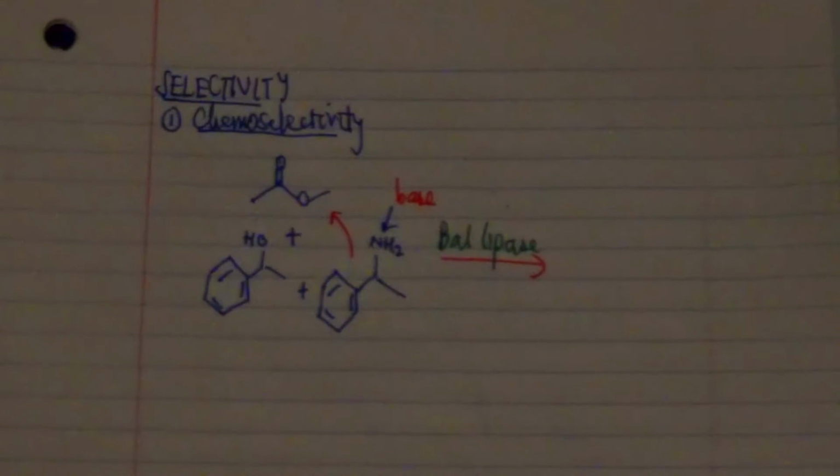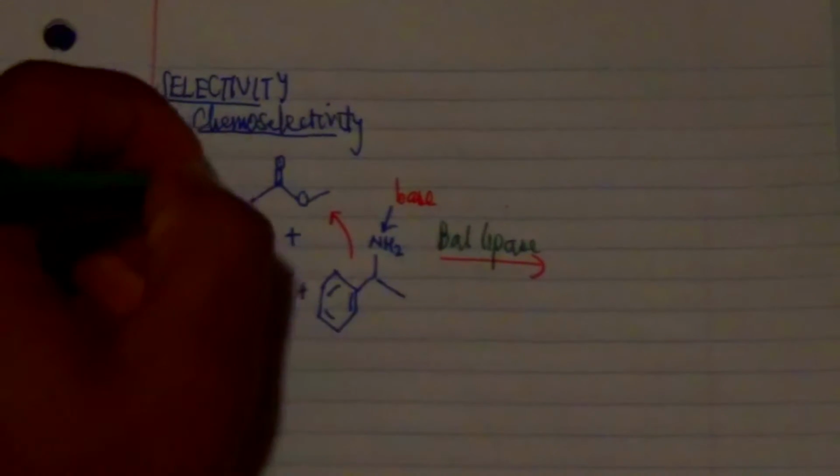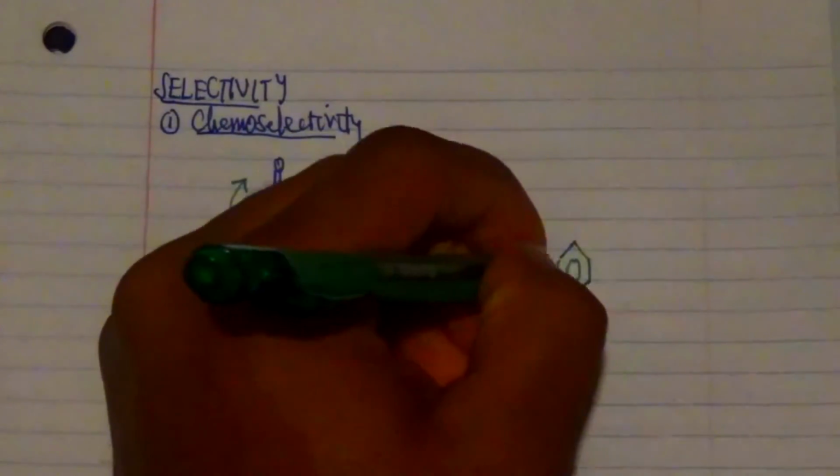So what this enzyme does is that it moves the reaction away from the amine functional interaction over here to more of the hydroxyl interaction over here, which is the alcohol. So this pathway is highly favored in the presence of this particular enzyme to get to our product, which is of this particular nature over here.